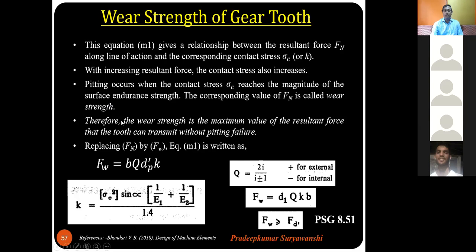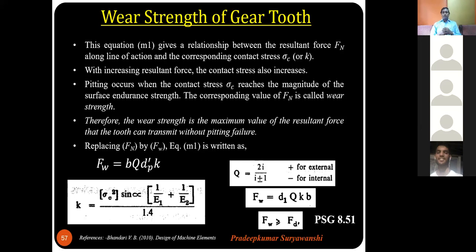So the wear strength is the maximum value of the resultant force that the tooth can transmit without pitting failure. It is on similar lines to what we said in beam strength. We said that beam strength is the maximum value of tangential load on the gear tooth that the tooth can transmit without bending failure. Here we are saying it is without pitting failure.